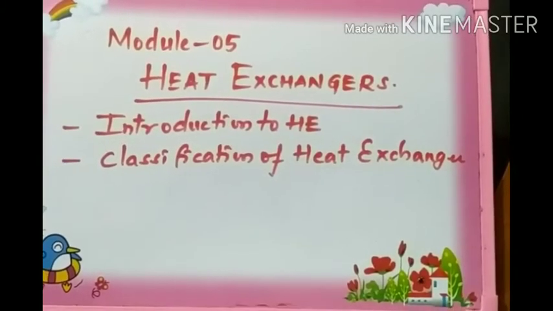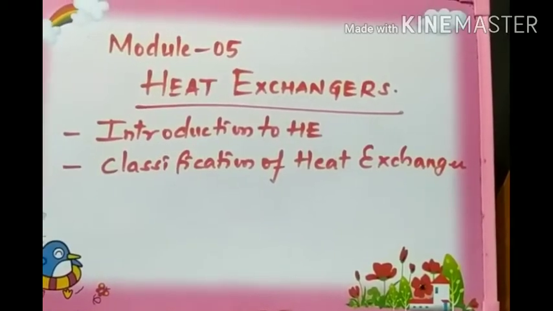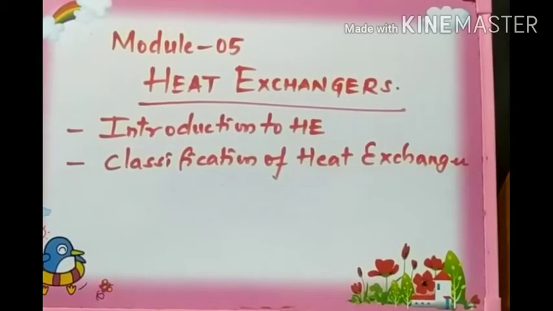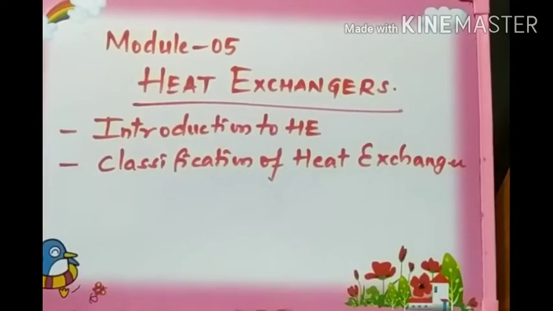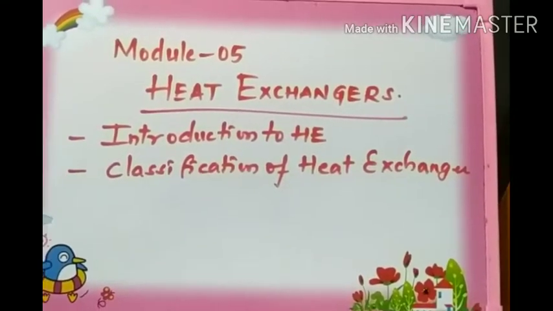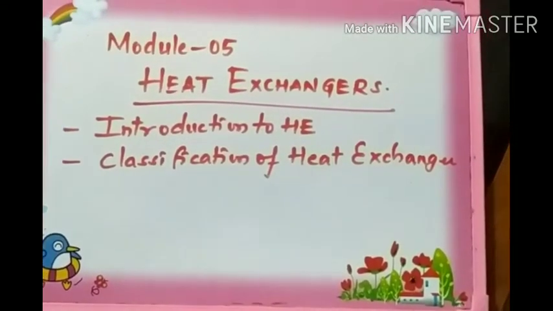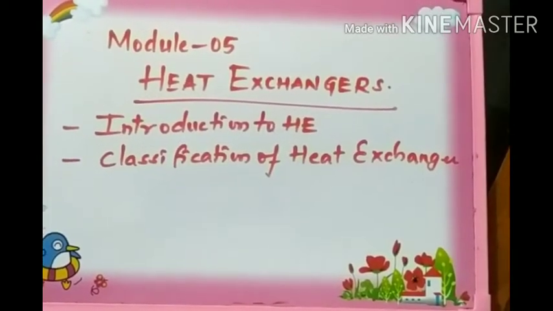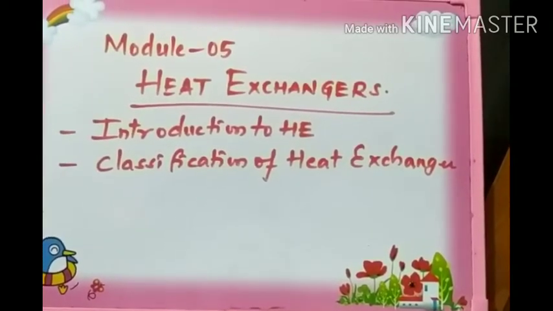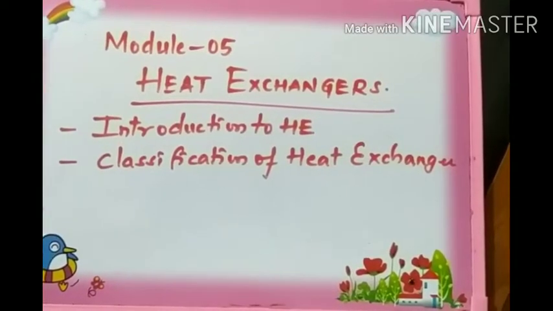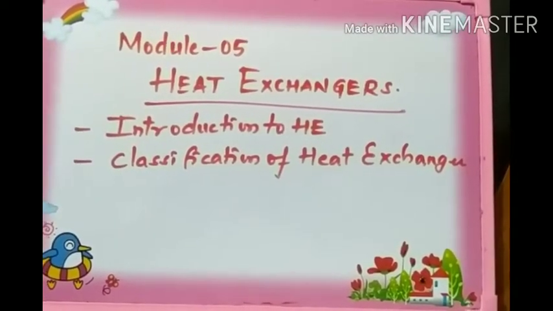In the economizer, heat gets exchanged from the burnt gas to the water. In the superheater, heat gets exchanged between the burnt gas and the dry steam. And in the reheater, heat gets exchanged again between the burnt gas and the steam.